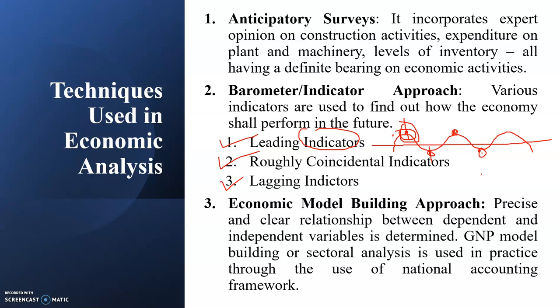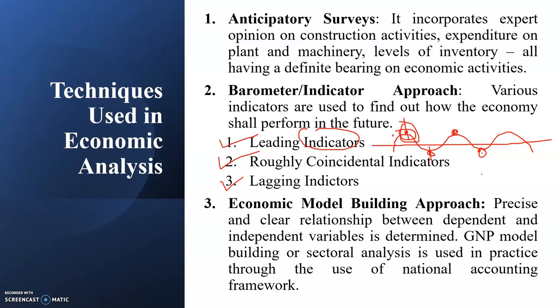Then we have lagging indicators. Some examples are the rate of unemployment, or the average duration of unemployment. After the economy has reached a particular point, only then will you find that unemployment has risen. There may be outstanding loans which individuals or corporates are unable to return because of low performance or the economy going down.